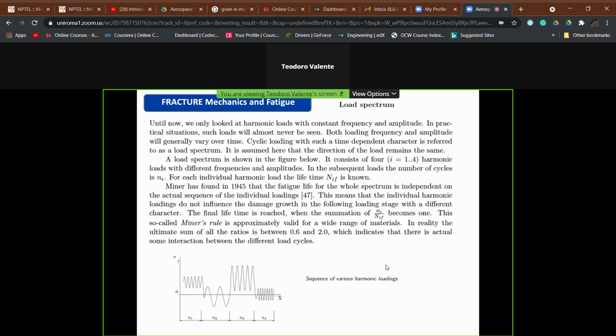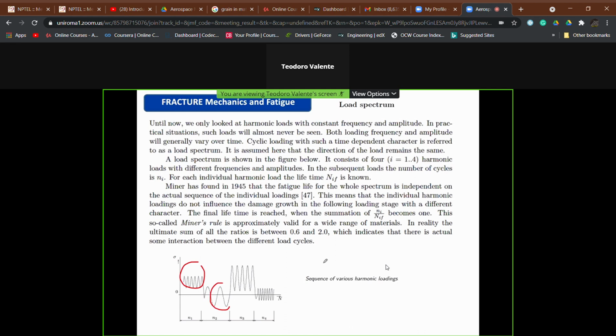For example, in this case, we have 4 harmonic loads. You see, let me use my pen, this is the first one, this is the second one, and so on, having in any case different frequencies and different amplitudes.